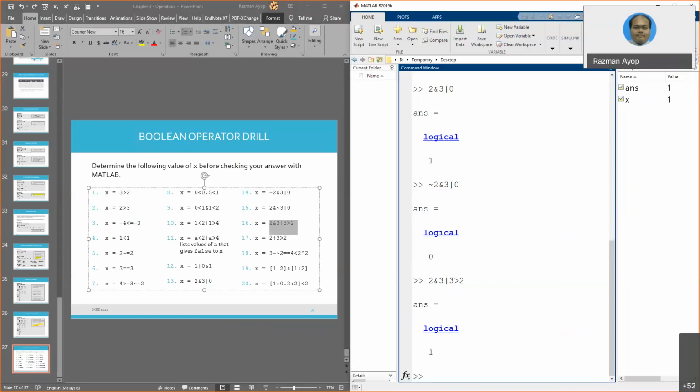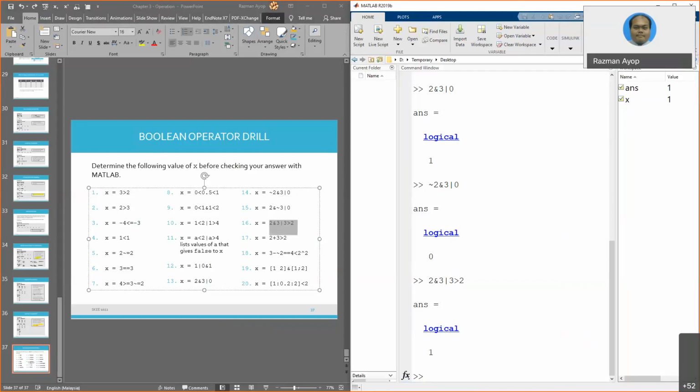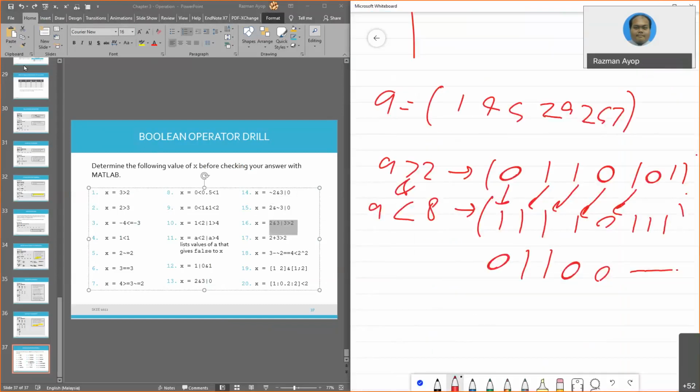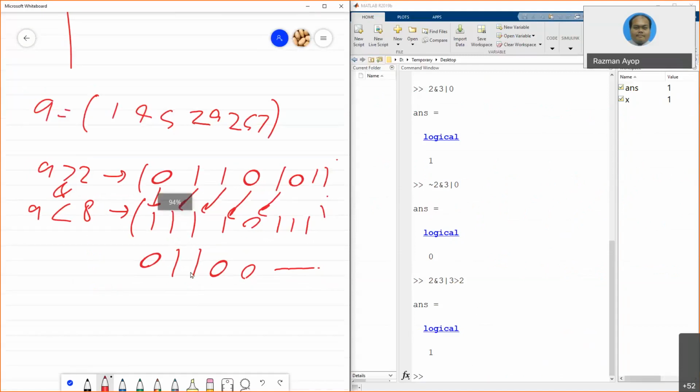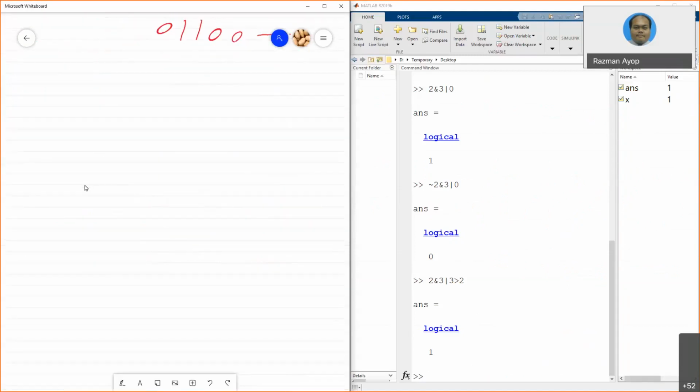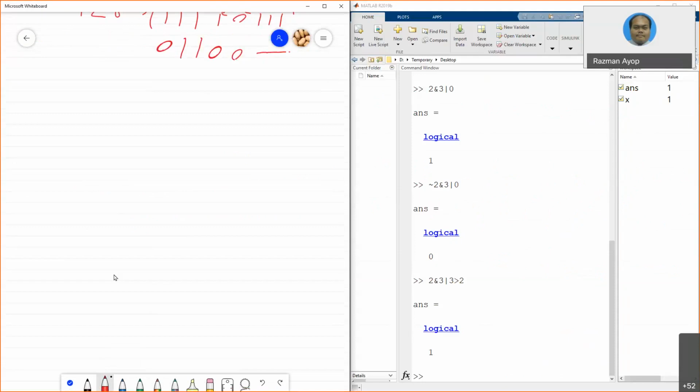Okay, for this case, 2 and 3 or 3 less than 2.